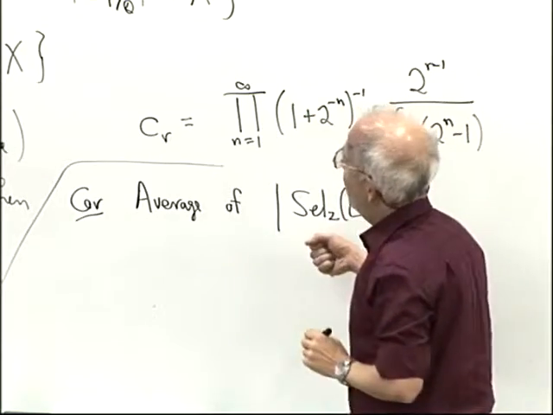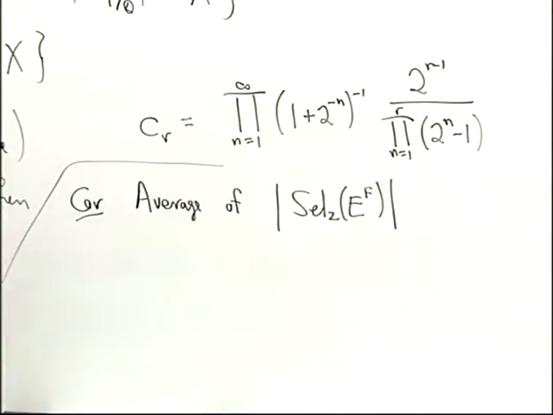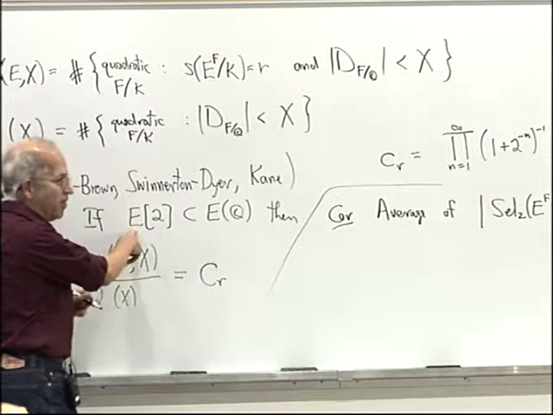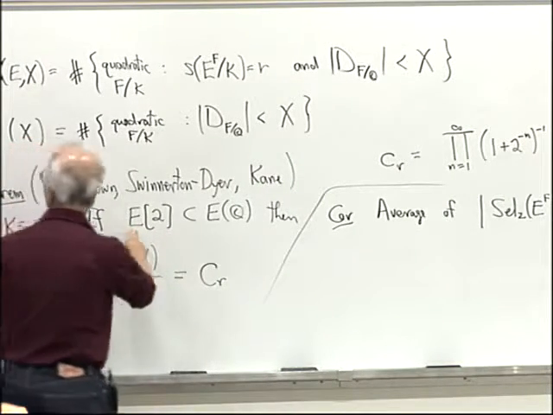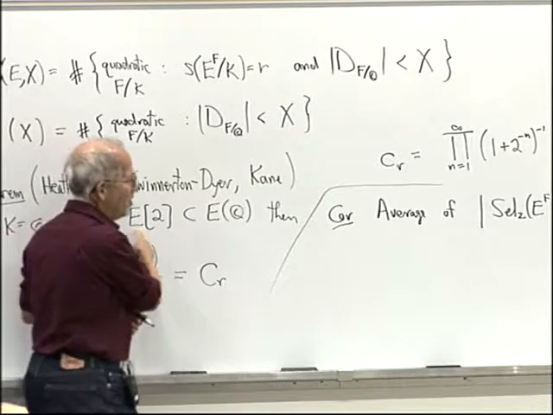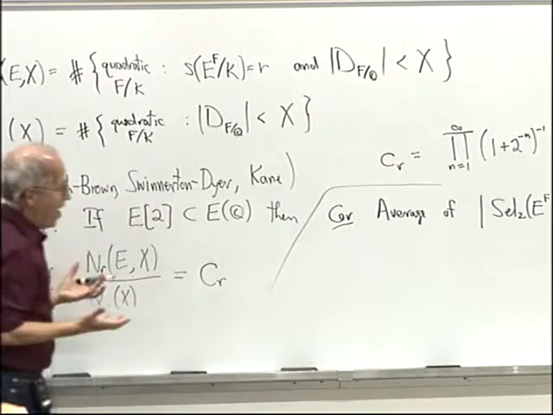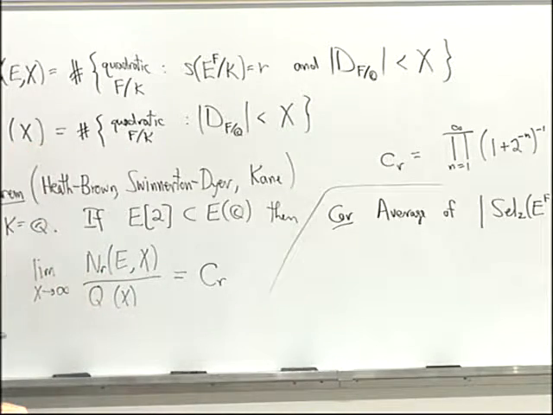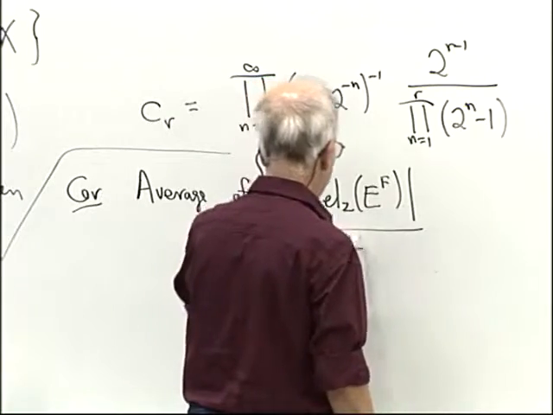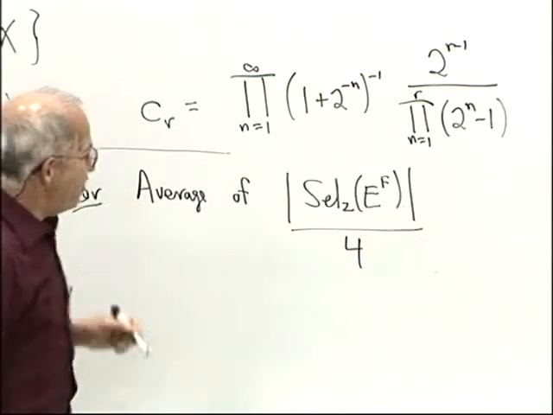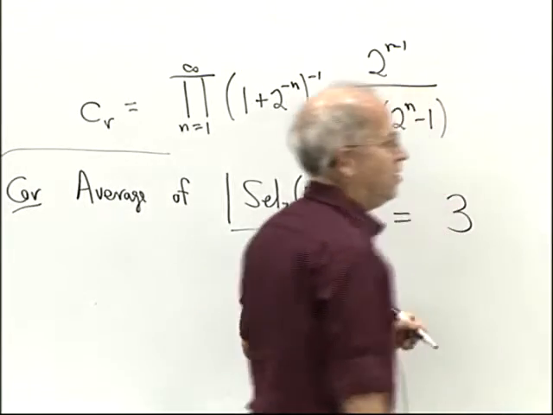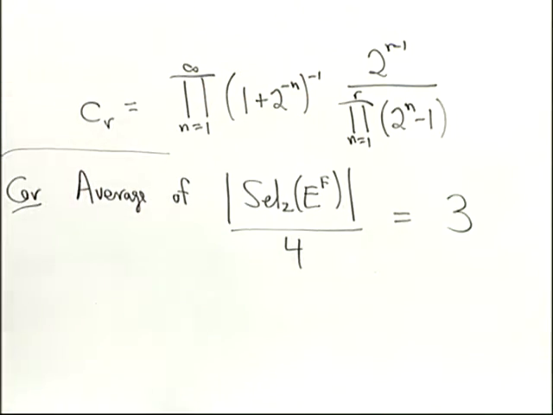Now, if E has all its 2-torsion rational, so does every quadratic twist of E. You can see that from the formula, and we'll see it again later. So all of these curves, the Selmer group already has 4 elements just coming from the torsion. And so I really want to take this and divide it by 4. But this average is 3. It's the same that Bhargava and Shankar got.